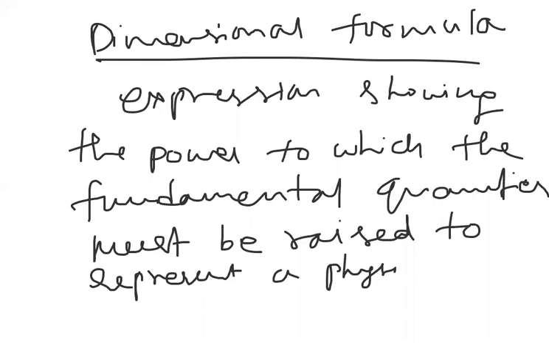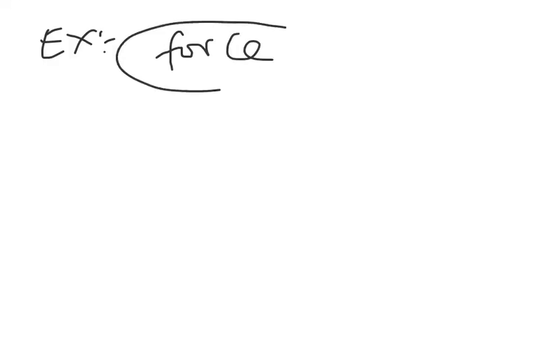So to represent any physical quantity, we make a combination of the fundamental quantities with their powers raised. That is called the dimensional formula. To understand this, let me take force as an example.